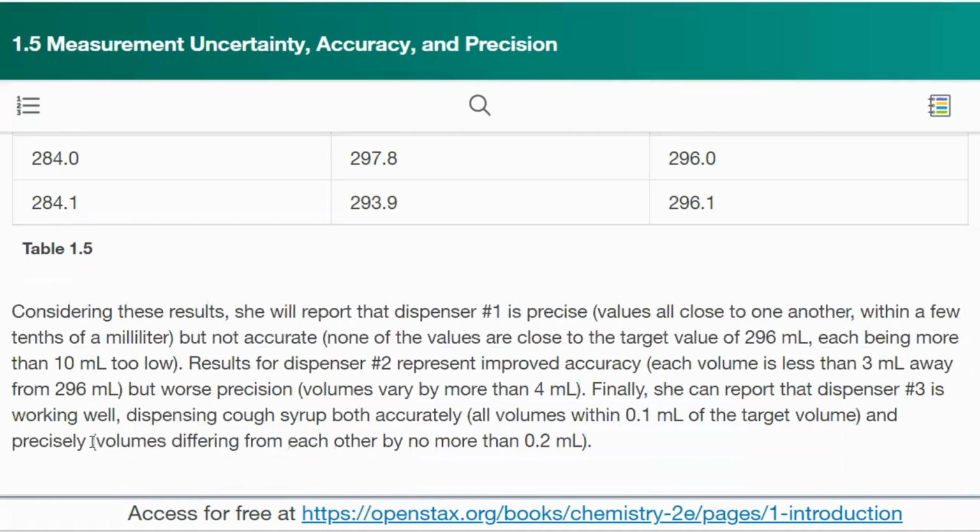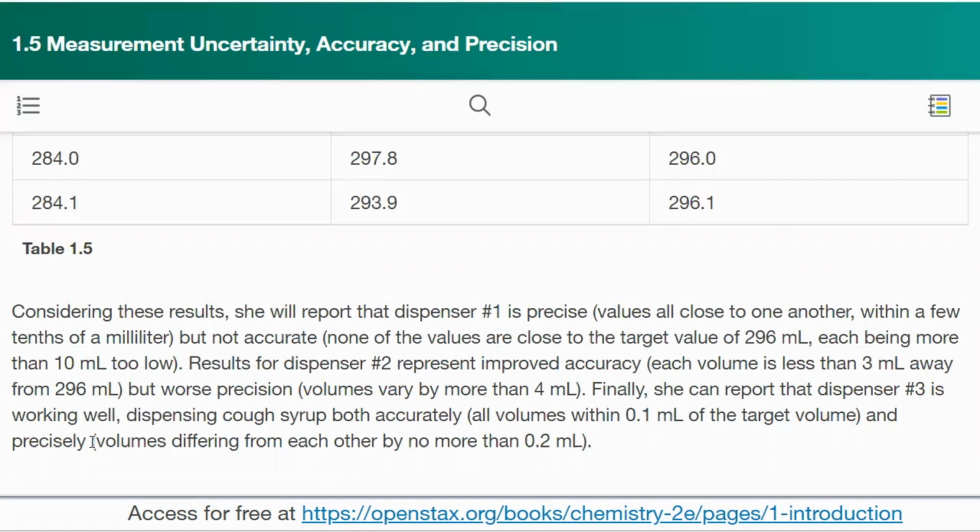Considering these results, she will report that dispenser 1 is precise, values all close to one another within a few tenths of a milliliter, but not accurate. None of the values are close to the target value of 296 milliliters, each being more than 10 milliliters too low. Results for dispenser 2 represent improved accuracy. Each volume is less than 3 milliliters away from 296 milliliters, but worse precision.